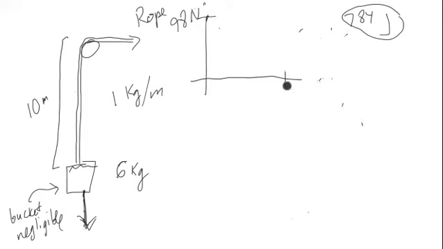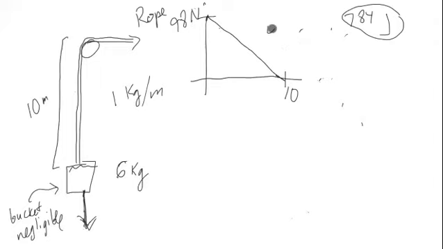So as we move to position 10, we're going to be all the way up there. We're going to have 0 coming from the rope. So the rope is just simply going to be the area right here, which is just 490 joules.